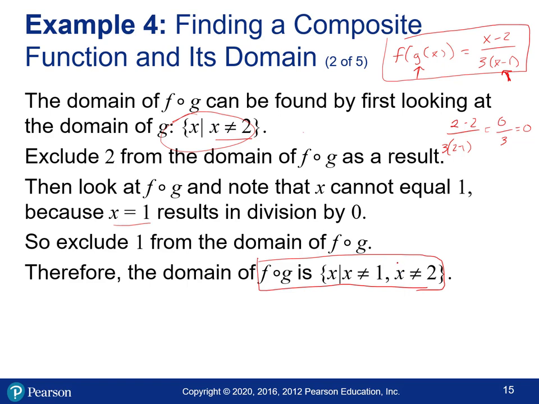You have to include that original restriction and any new restrictions, which is that 1 is a problem now. So that's the whole point of finding the domain of f of g like this: looking at the inside function first, and then looking at what happens to the outside function. You have to keep both restrictions.